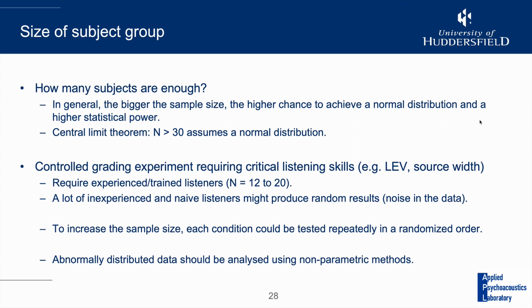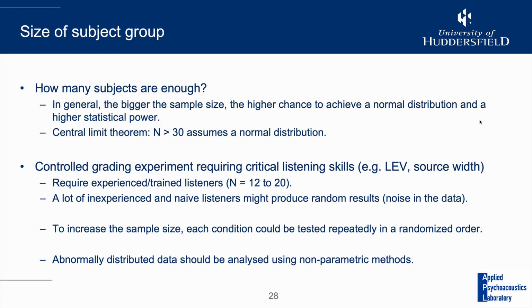But once you increase the number to a certain point and you start having some consistent statistical patterns, grading patterns, then you may not need to increase the number any further if you have enough statistical power to verify your initial hypothesis.